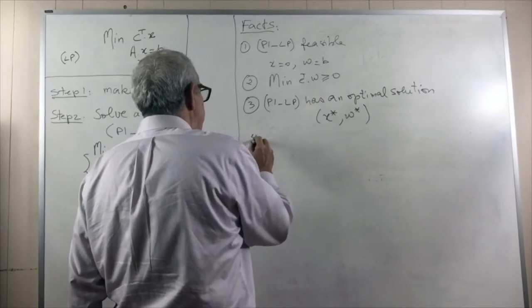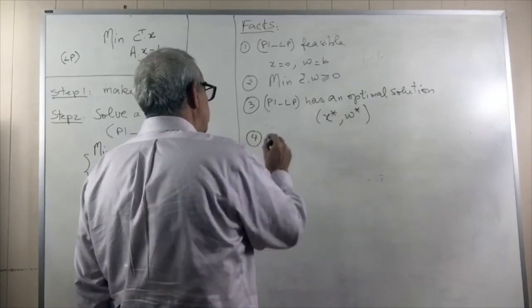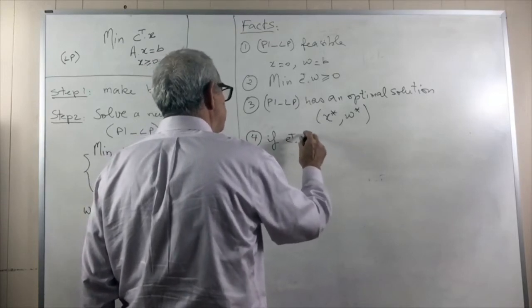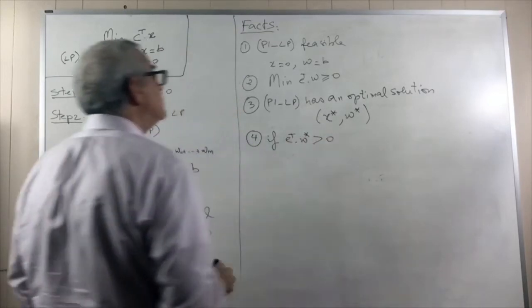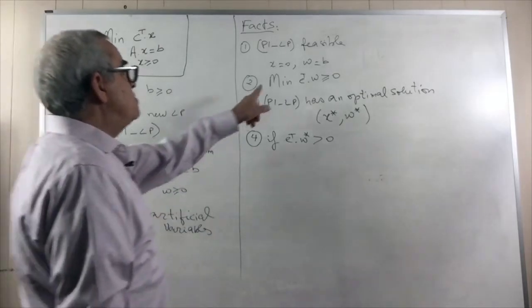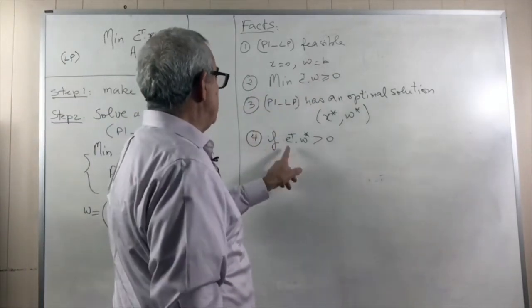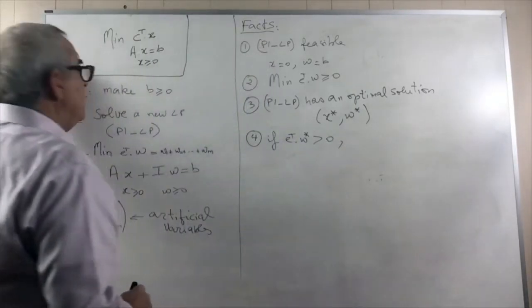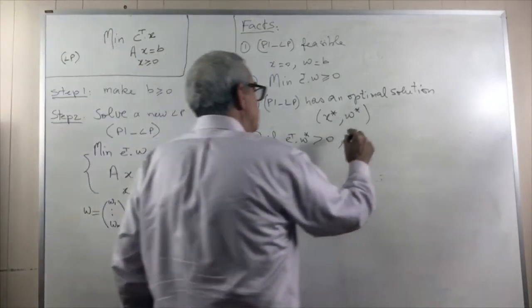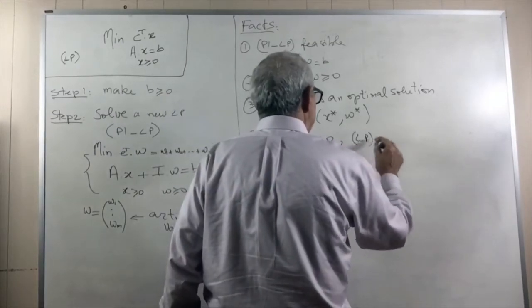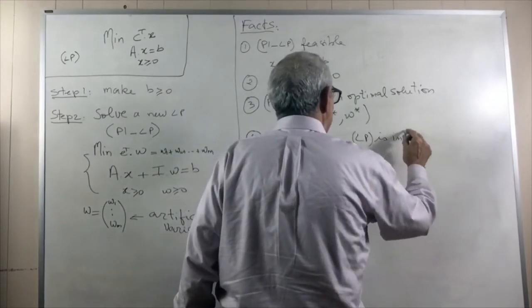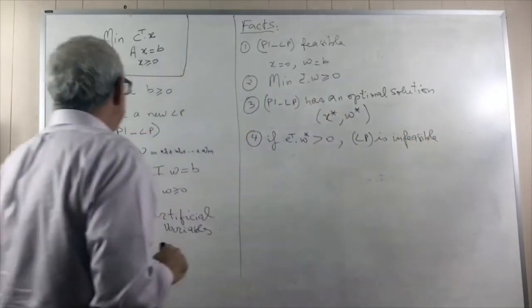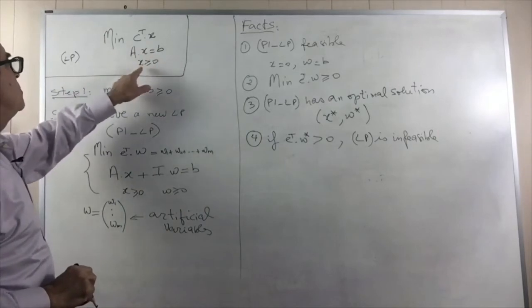Fact 4 is that if E transpose W star is bigger than 0, right, so this min can only be 0 or something positive, then our LP is infeasible, meaning that there is no x satisfying Ax equal to b, x greater than or equal to 0.